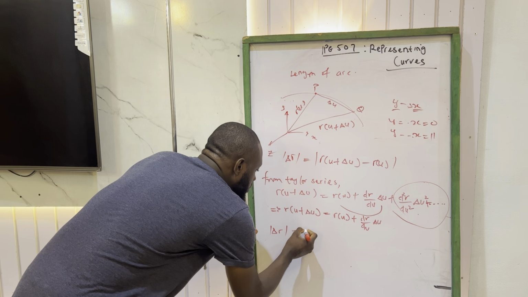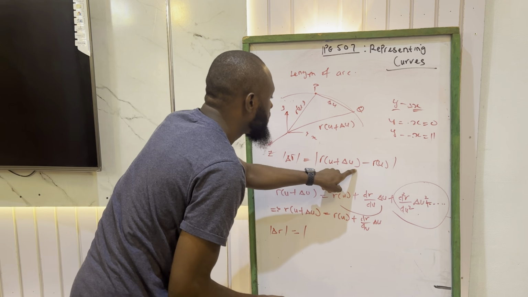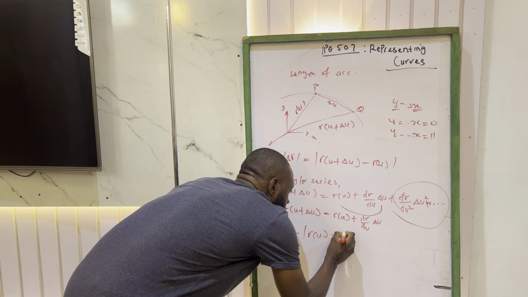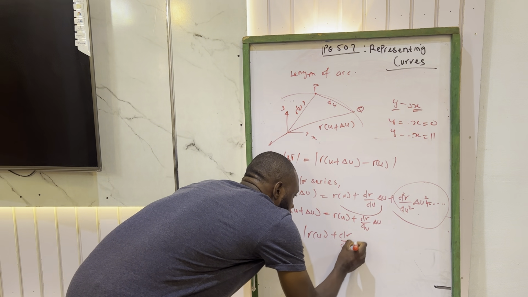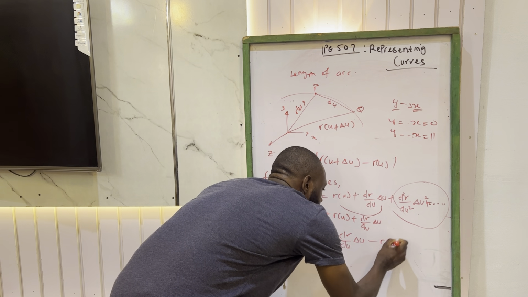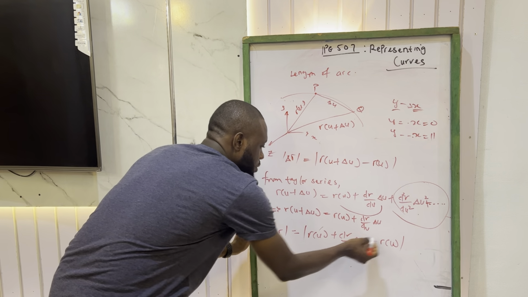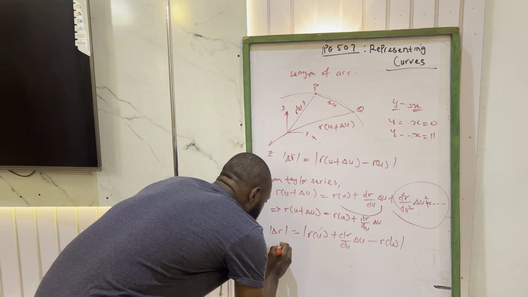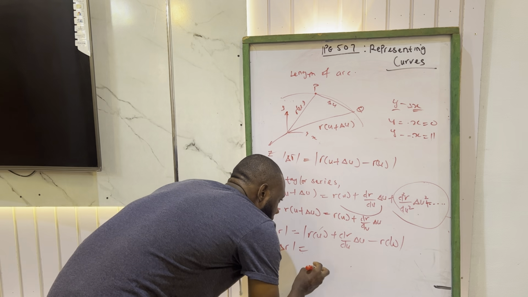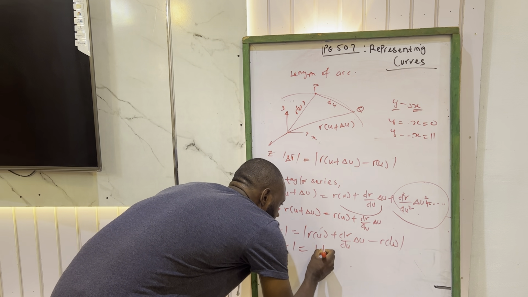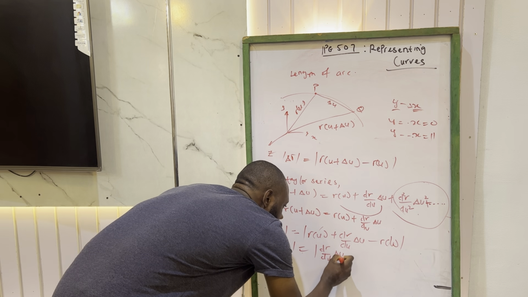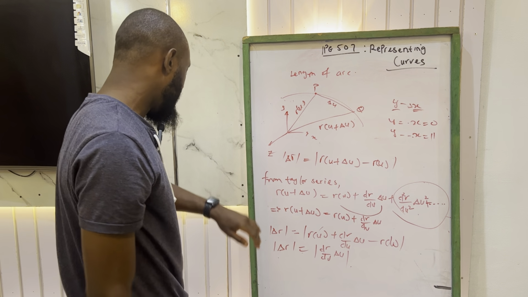So it equals R of U plus delta U, which is now R of U plus the R du, change in U, minus R of U. This takes away this. So we have that delta R is equal to the R du delta U.